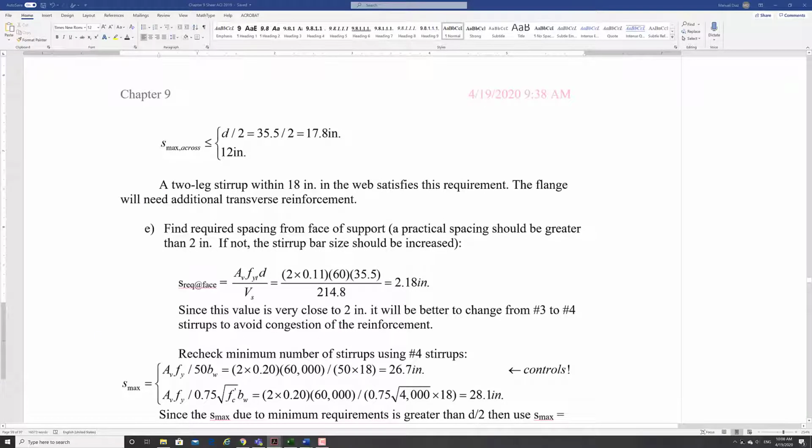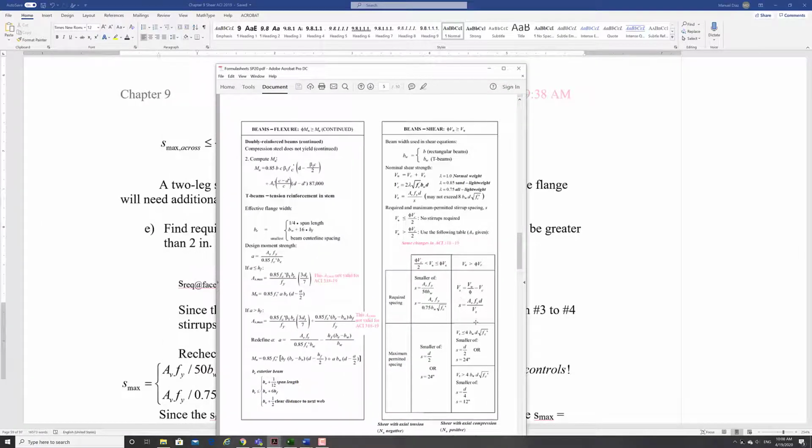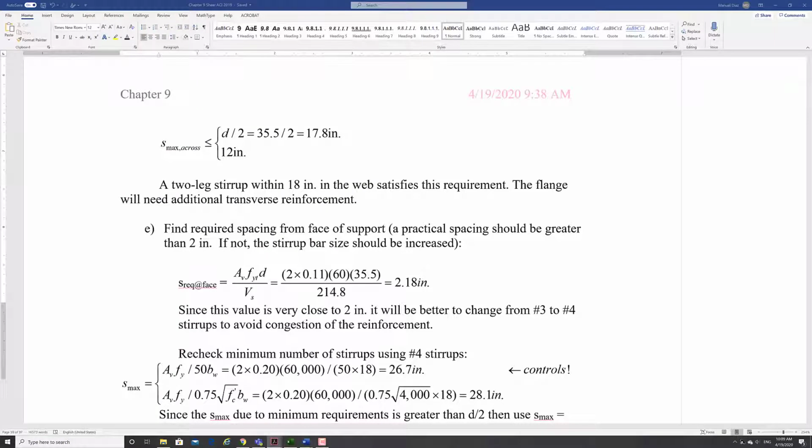Okay, but the formula, remember, in both cases for the 4 and for the 8, right? So when you pass the 4 or the 8, you have to find this value, right? You have to find that value. And so we find the value, and it's 2.18, so that's 2 inches. Oh, that's very close, right?